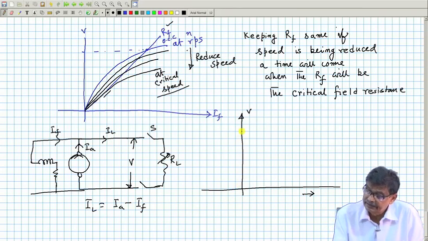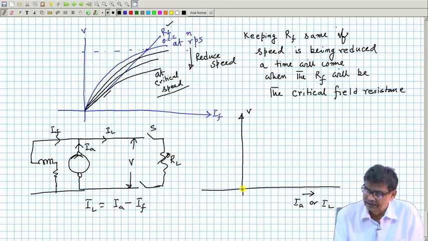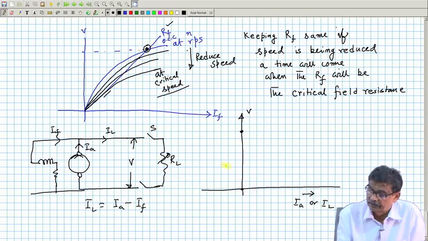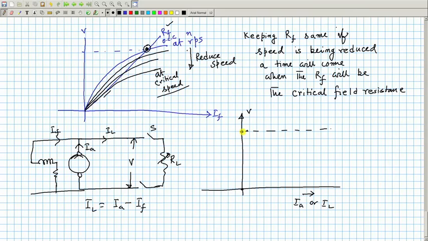So, in the load characteristics, when IL or IA is practically 0, this generated voltage will be corresponding to this point. And then we have seen the interesting thing that in case of a shunt generator, it will go like this, then finally it will come back here, and this current value will be nothing but the generated voltage due to residual field divided by RA, a very small current.